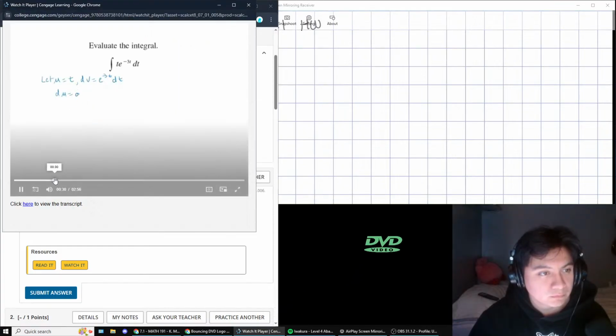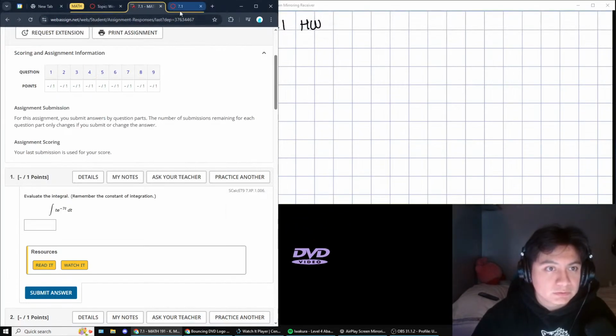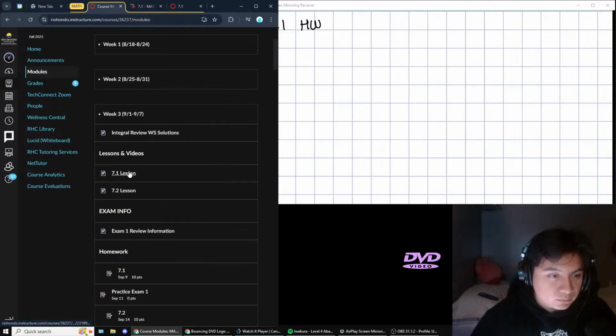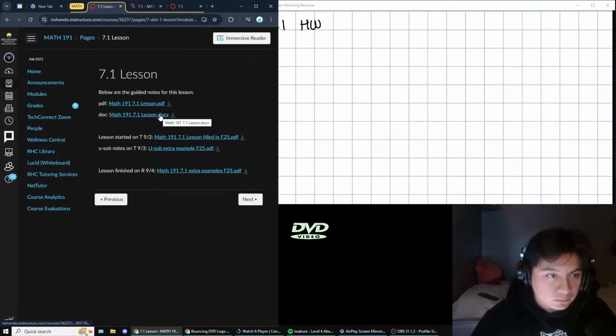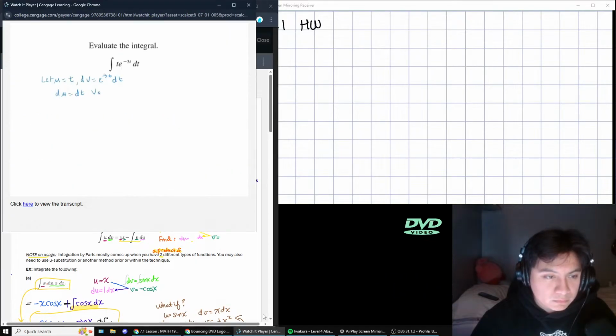U here equals t. dv equals e to the negative 3t dt. And from that, du equals dt. We take the derivative, and v equals.